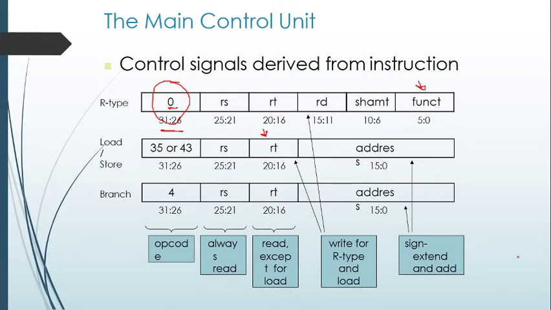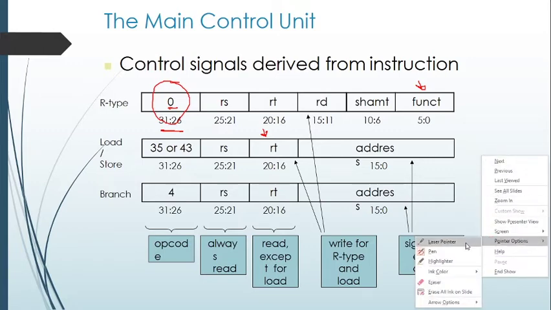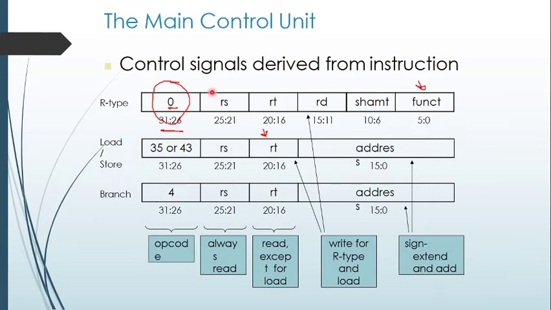For branch, the information from the opcode is the important part. The opcode has the information about the instruction. Either it will be 0 or it will have some value which decides which instruction it is.